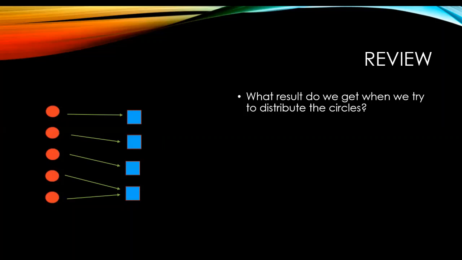On the previous slide, even though one square has zero circles, the others have two: the first square has two circles, and the second square has two circles. So we are defining that there are at least two circles in one square. That criteria was determined using the pigeonhole principle.